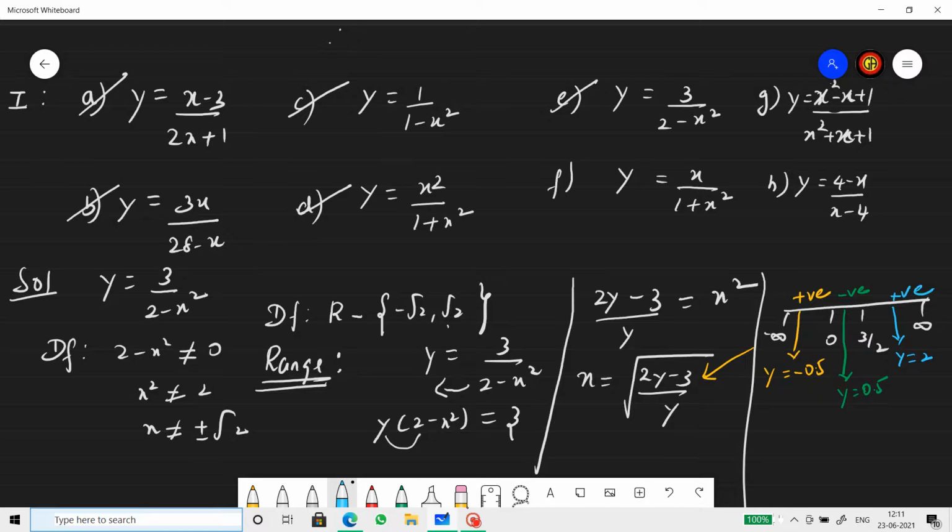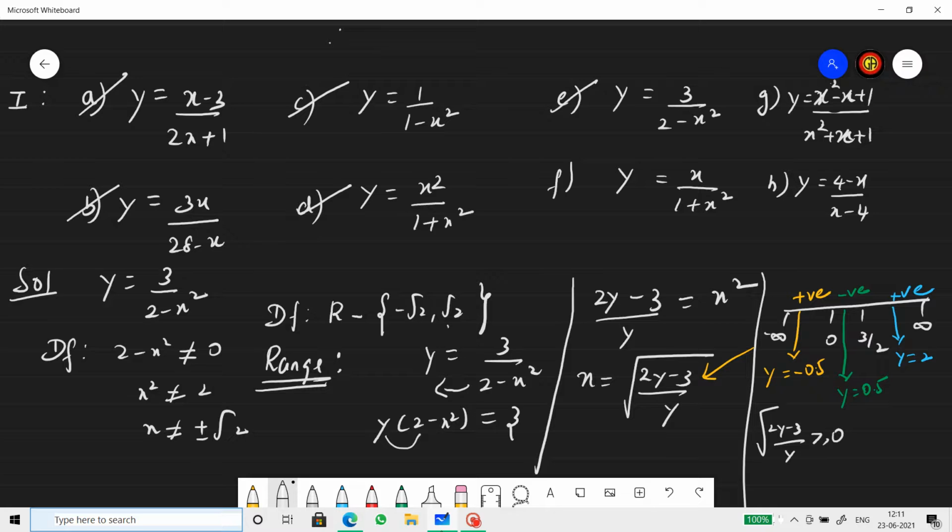We only want those y values for which root over 2y minus 3 by y is real, because 2y minus 3 by y must be greater than or equal to 0.